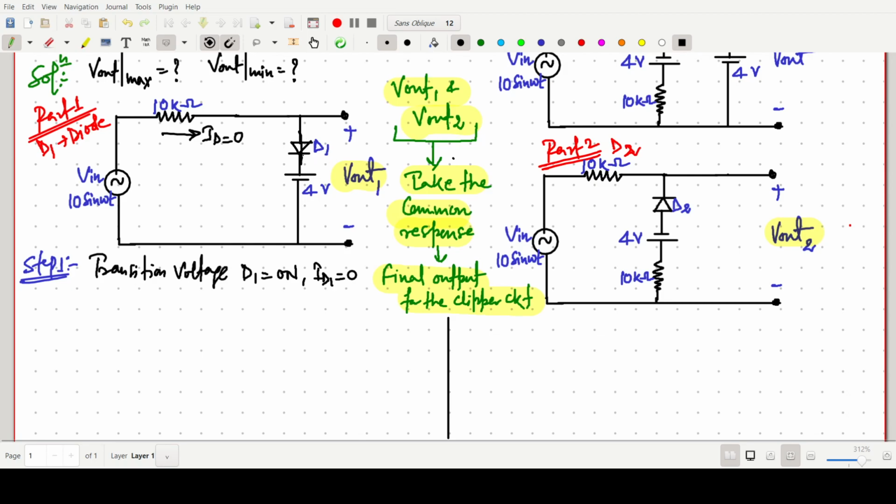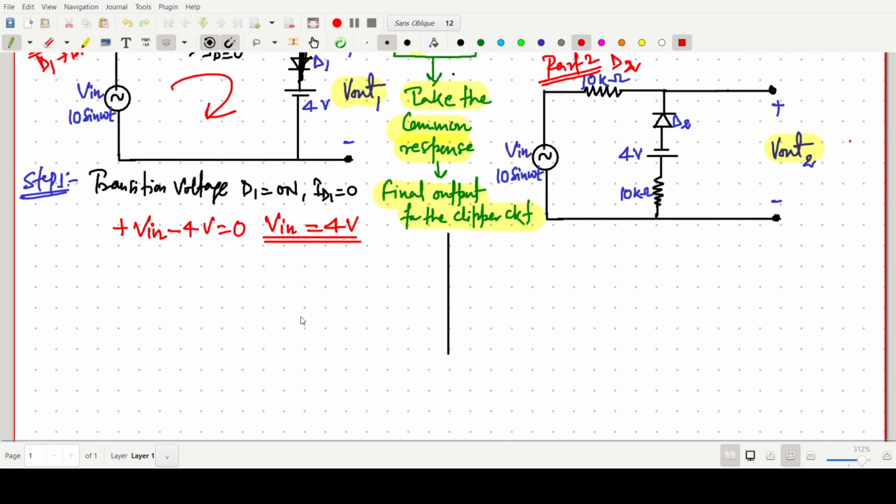The value of the transition voltage can be written as V in minus 4 volt equals 0. So V in equals 4 volt. This is the transition voltage.